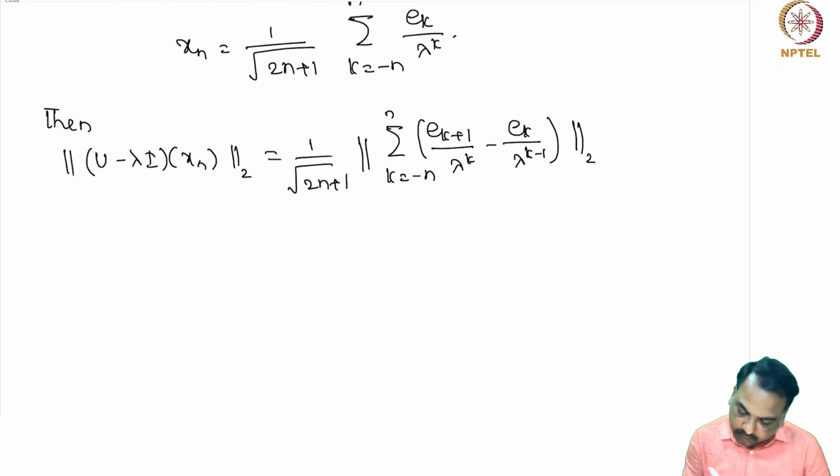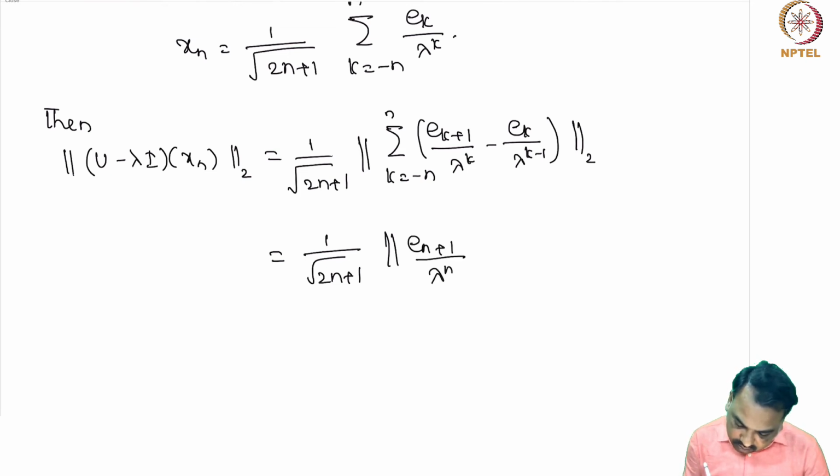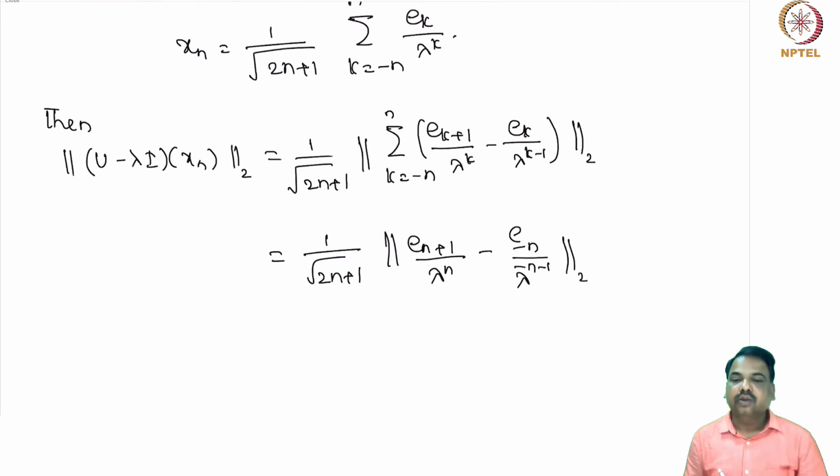If you compute this, it is a telescopic sum. You will get E(n plus 1) by lambda power n minus E(minus n) by lambda power (minus n minus 1), in the L2 norm.